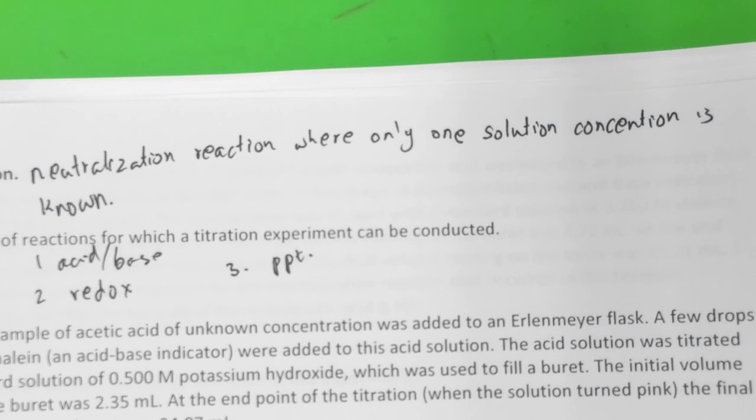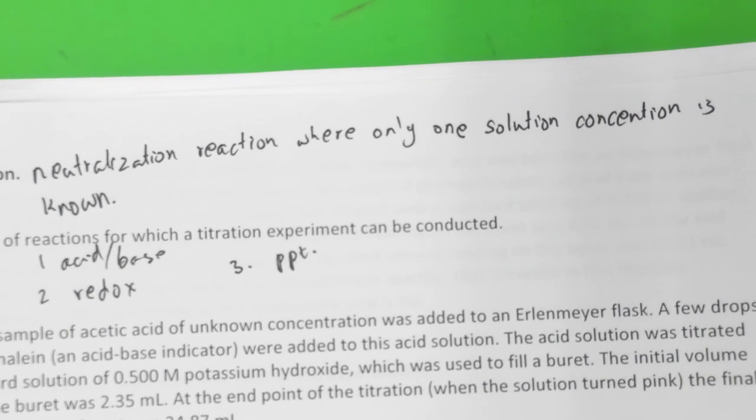Now, how did acid base and neutralization reactions work? What is the titration? Why do we have to titrate? Titration helps us tell the concentration of an unknown by figuring out when the neutralization is finished.